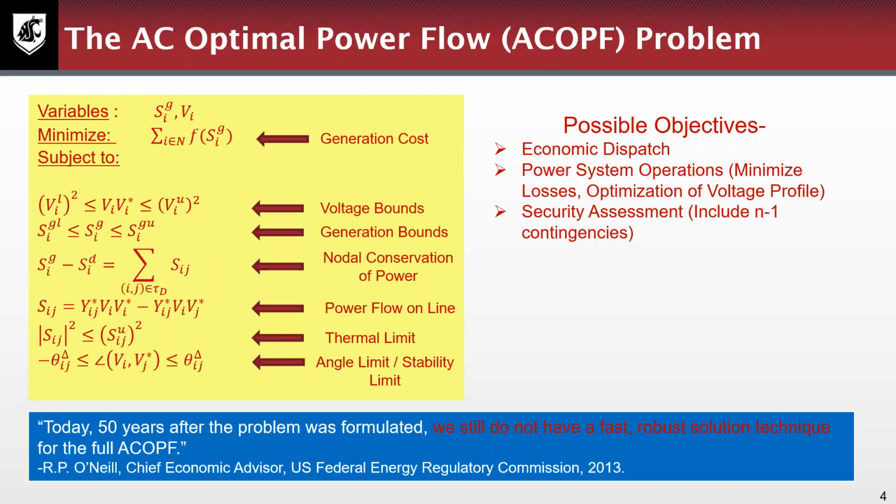In transmission systems, normally we have all the power flow equations and the different operational constraints. The thing here is that even 50 years after the problem was formulated, it's still open-ended, because there is no fast and robust solution technique to solve the full ACOPF.